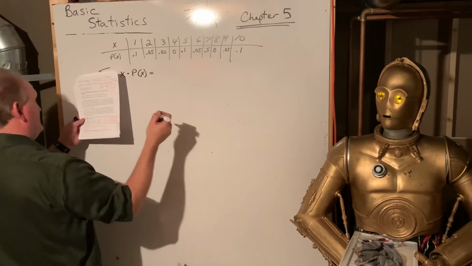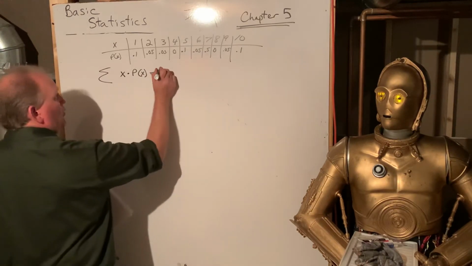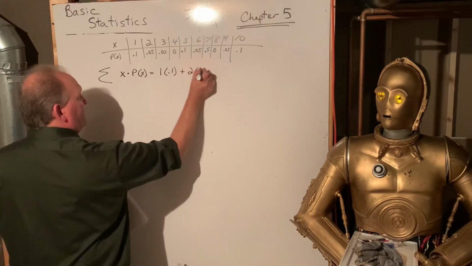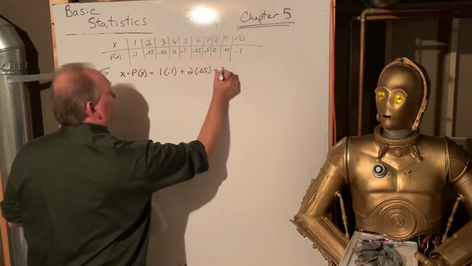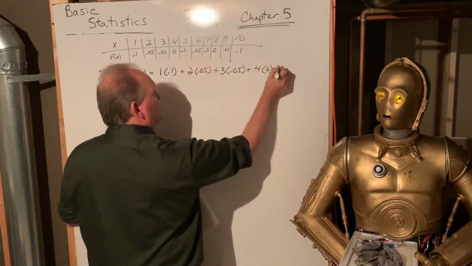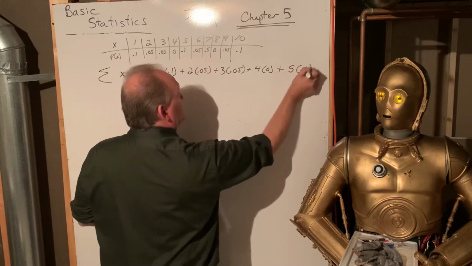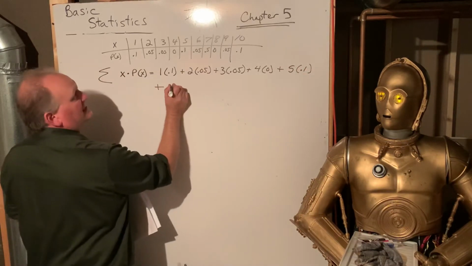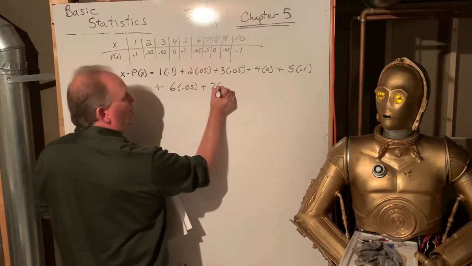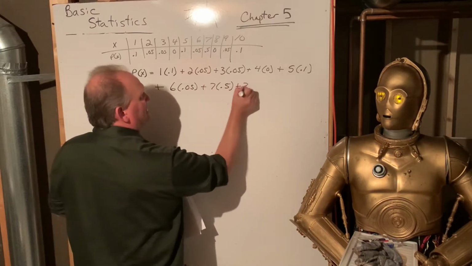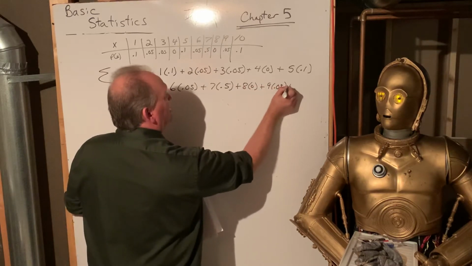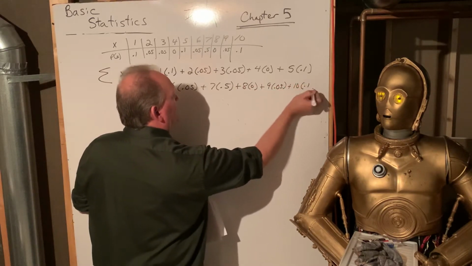So to find the mean, we're just going to take 1 times 0.1 plus 2 times 0.05 plus 3 times 0.05 plus 4 times 0 plus 5 times 0.1 plus 6 times 0.05 plus 7 times 0.5 plus 8 times 0 plus 9 times 0.05 plus 10 times 0.1.